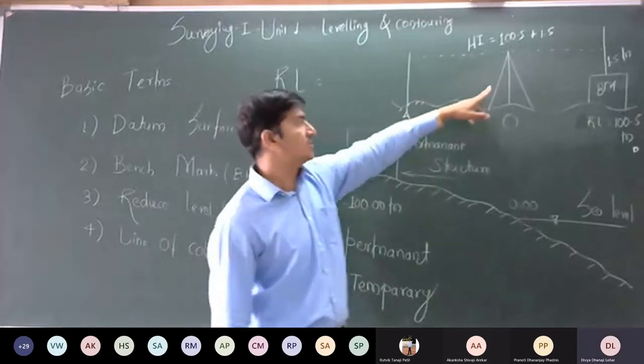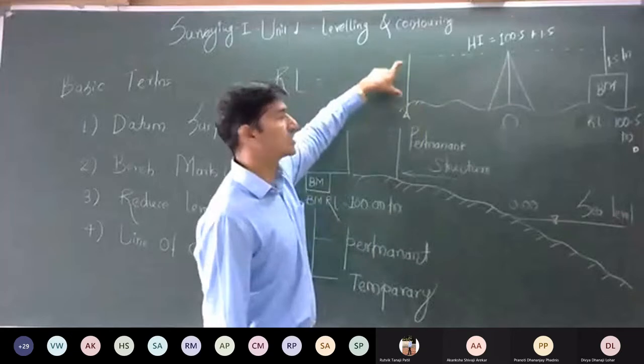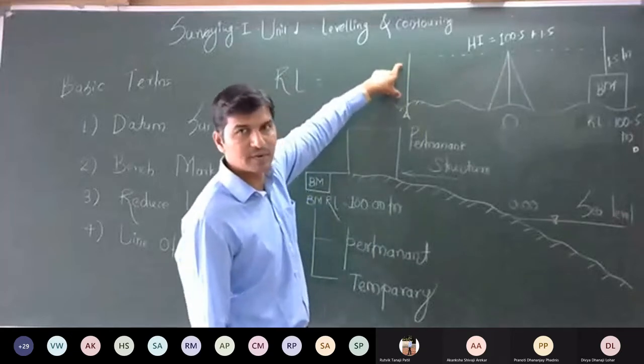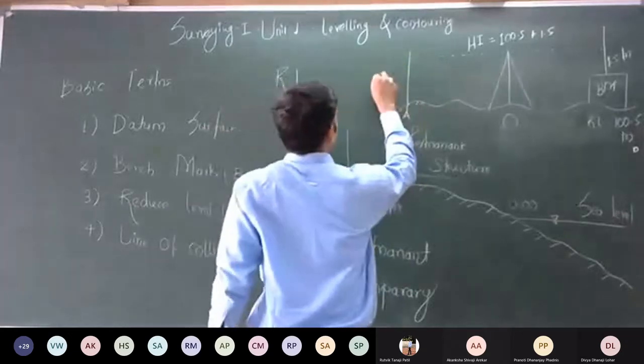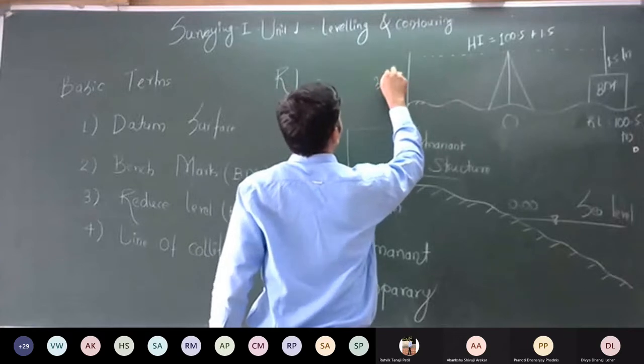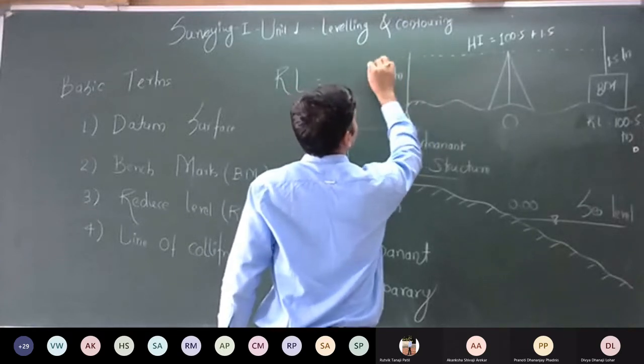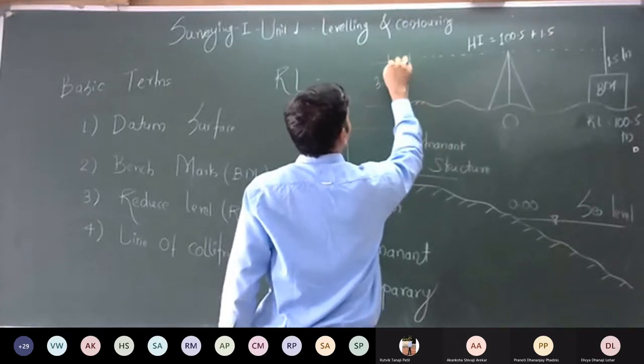So I will rotate the telescope and focus on the staff which is kept at point A. Suppose that this reading is 3.5 meters.